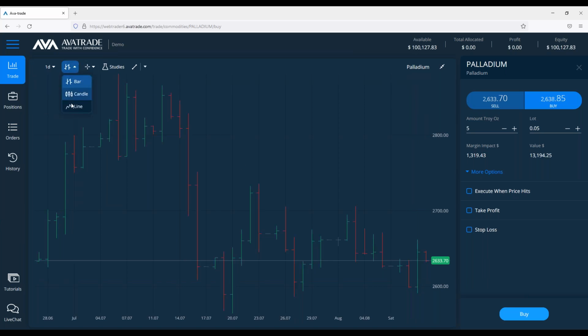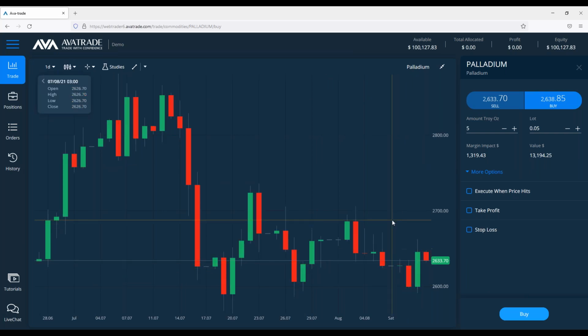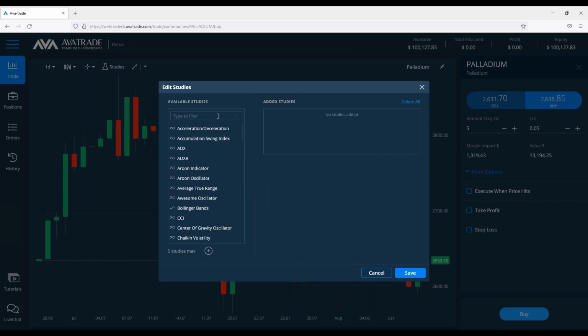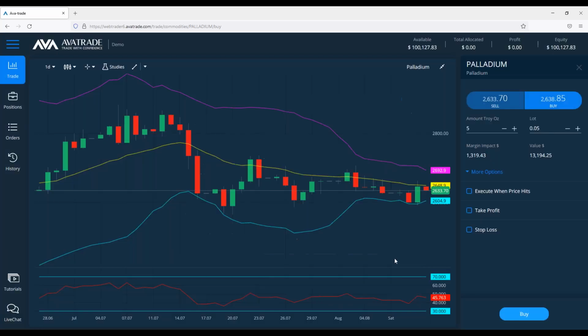Secondly, we have here the shape of candles. This is a line, with which I can understand the trend, but this is if I want to be more specific. Then here we have the regular one, or the Heikin-Ashi, and then the indicators. Maybe if I want to drop in some Bollinger Bands and some RSI as well, I click save and it will open them up.